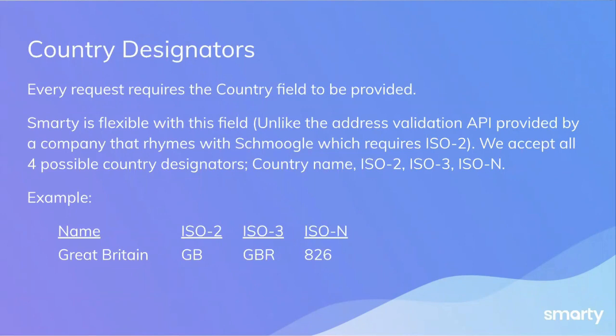You have to use the ISO2, but we will accept the country name, ISO2, ISO3, and ISO-N. And you can actually look up, I'm not going to say Google, but you can look up any of those designators if you want to. But we make it pretty flexible for you in that regard. So I think that's enough for country designators.